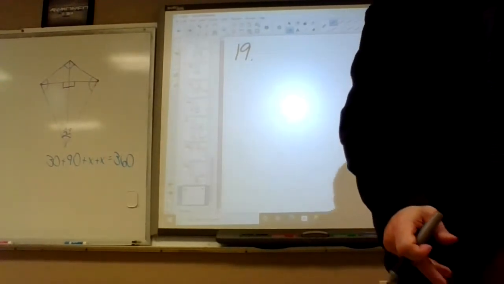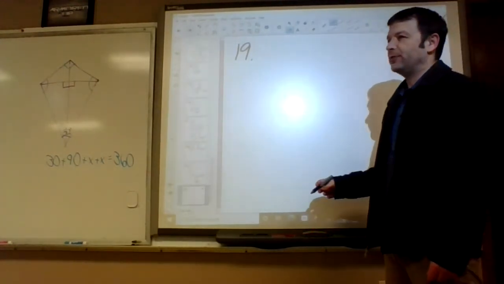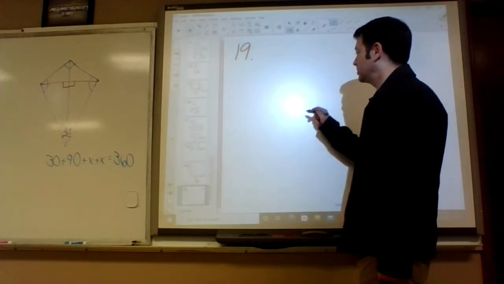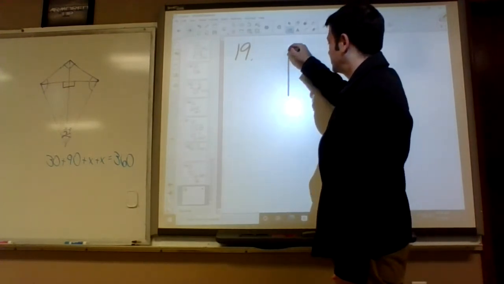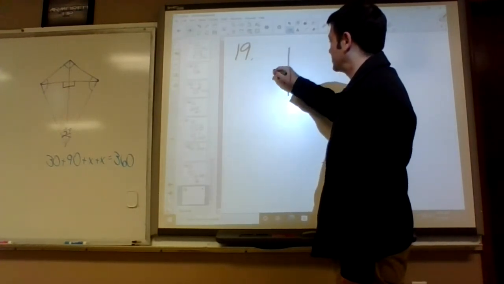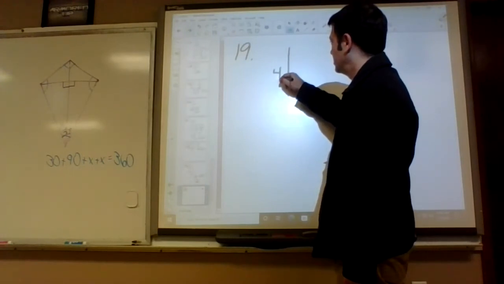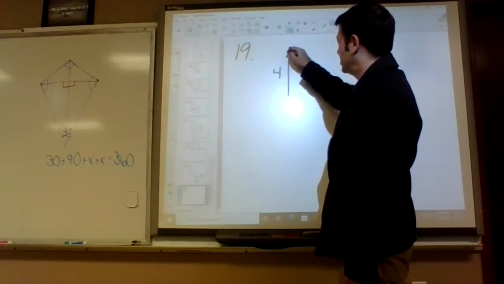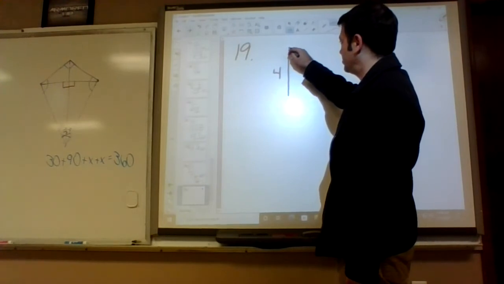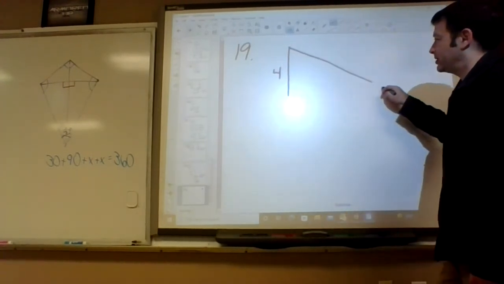So the 4-foot tent pole, we want it to be straight up. So that's 4. And then the rope is tied to the tent pole, and then it gets staked to the ground out here to hold the pole up.